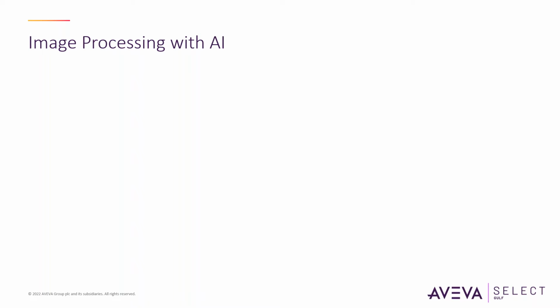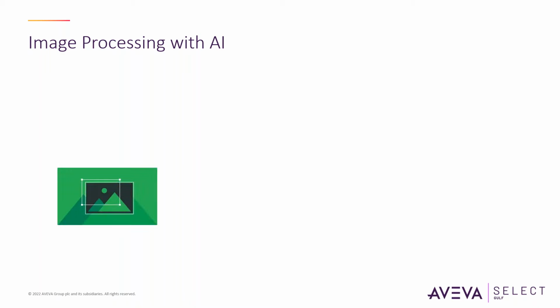What is image processing with artificial intelligence? This is an image processing tool, and it uses some artificial intelligence, some neural network algorithm. And like any artificial intelligence or machine learning, all of them have almost the same workflow in the process.